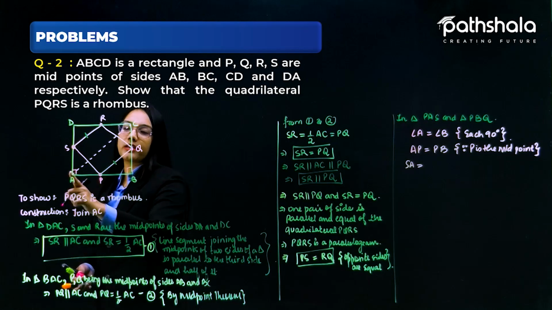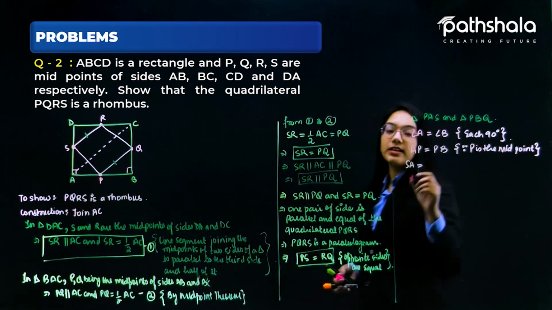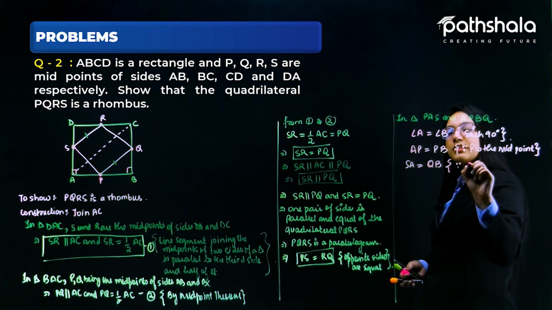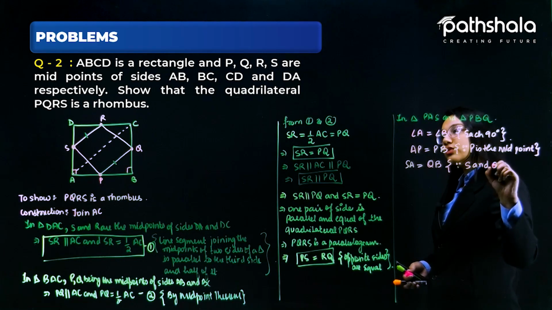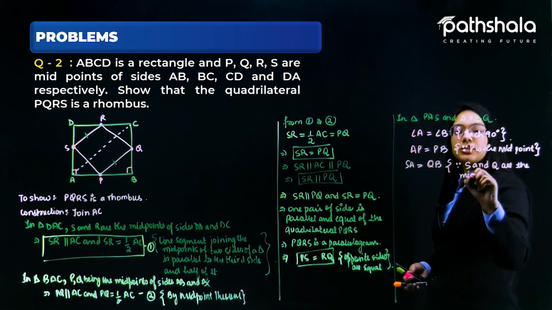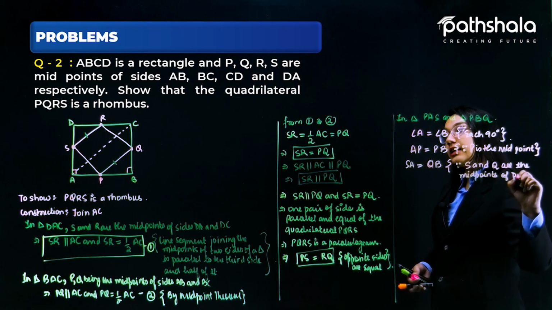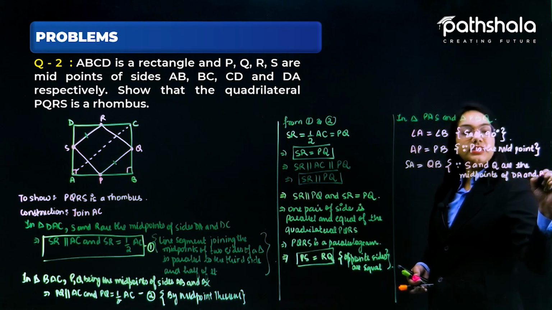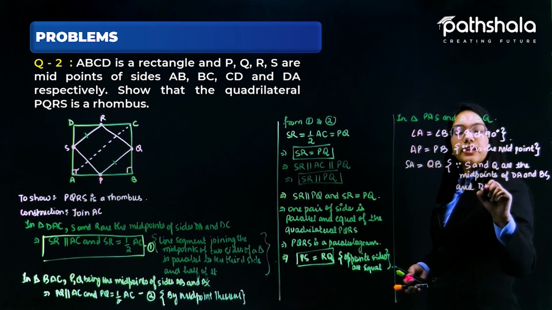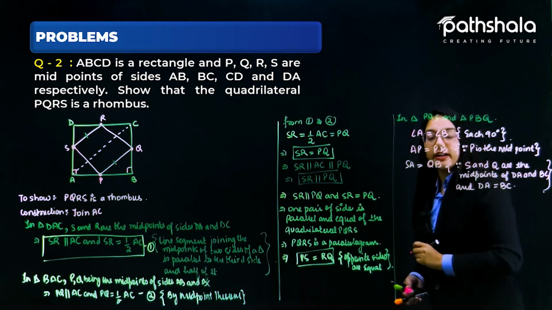Can we say that SA is equal to QB? Yes, since S and Q are the midpoints of DA and BC, and we know that DA is equal to BC because it is a rectangle.